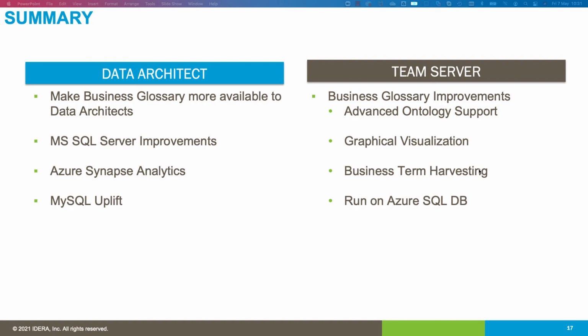We've done a lot of work on graphical visualization, to improve the user experience and help answer those really important data governance questions like what data is important to us and where is it? We've got the business term harvesting capability, so you can kickstart data governance initiatives by exploiting all of the valuable knowledge in your really good quality logical data models.